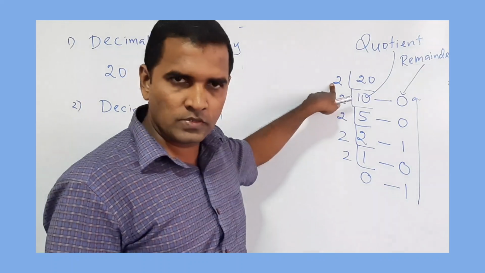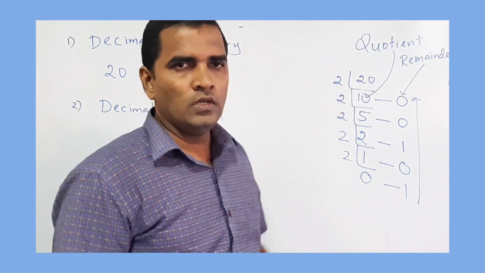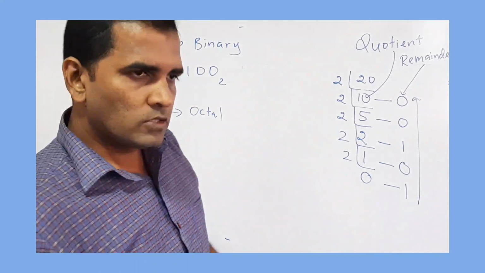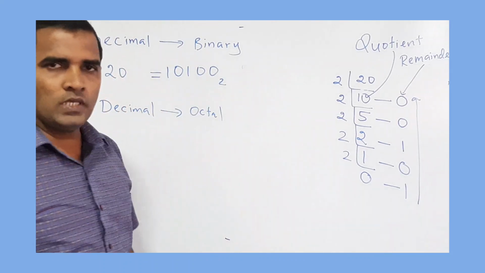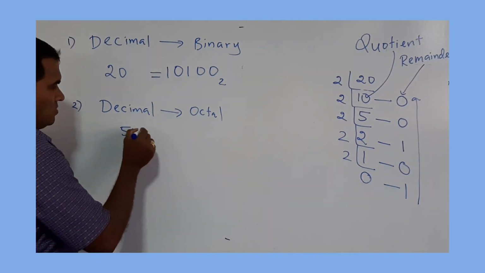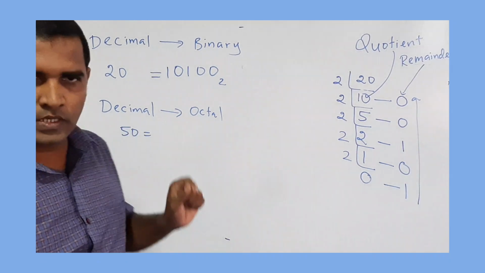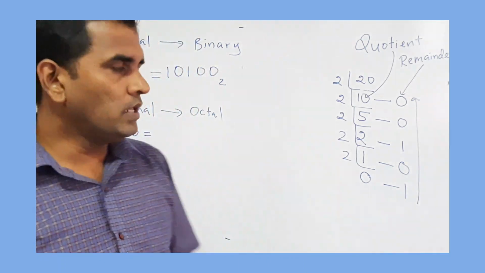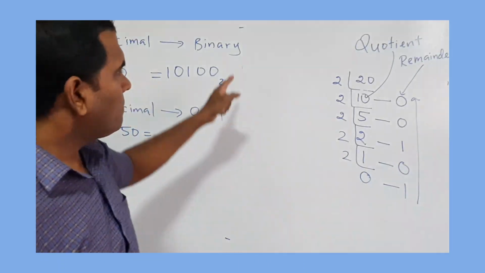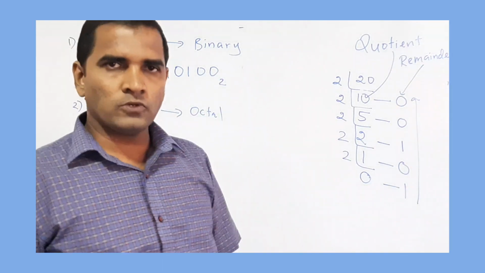The base of the binary number system is 2. So you have divided by 2. So just apply the same method here. Look here, I take a number 50. 50 is a decimal number. Let's find out the equivalent value in octal. Let us use the same approach.